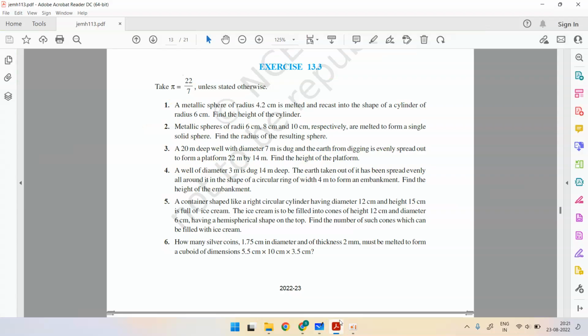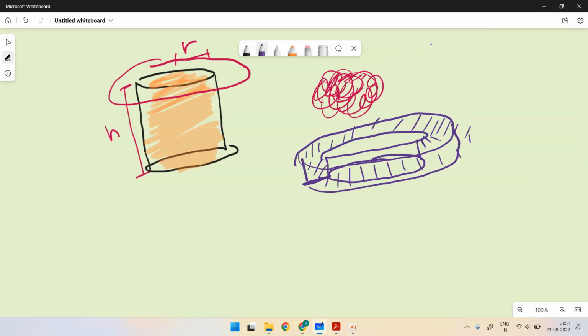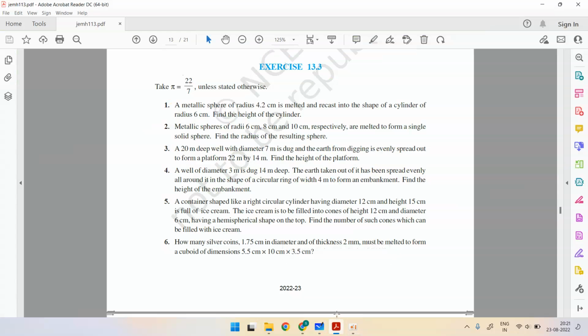Now what is there? Diameter 3, height is 14, the radius is 1.5, 3 by 2, height is 14 meters. I think this is given in meters. Yes, meter. Finally, around a circular ring of width 4 meter.